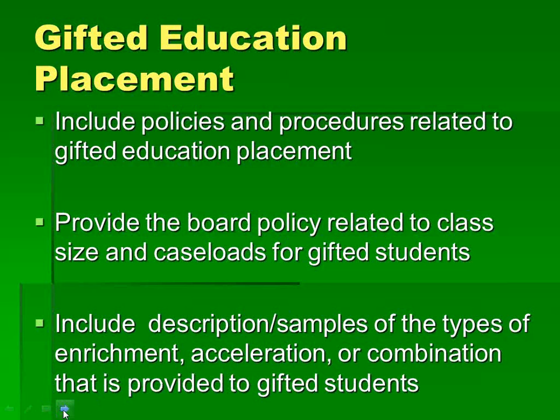I believe it's on the permission to evaluate, the invitation to participate in the gifted team meeting, and the notice of recommended assignment. So there are 3 places where, as a district, you can be documenting that you have shared the procedural safeguards with parents.